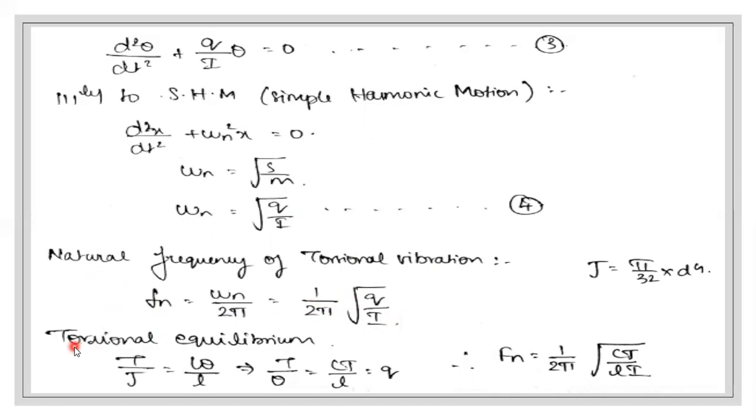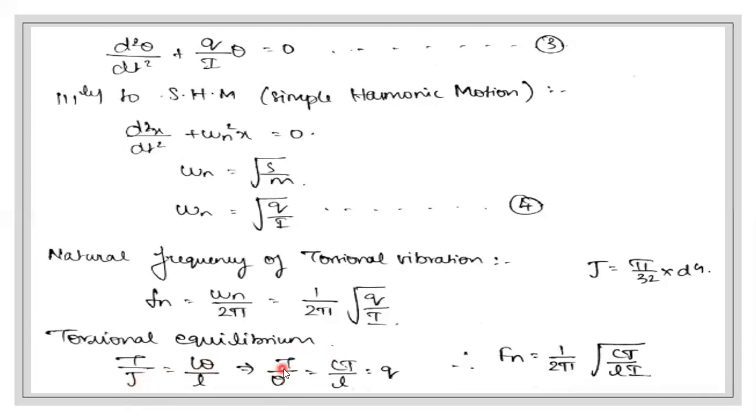In strength of materials, in the torque chapter, we have already seen the torque equation. The torque equation is T by J is equal to C theta by L is equal to tau by R. Just neglect the tau by R, and take these terms alone. So T by J is equal to C theta by L. Take theta downwards and J upwards, cross multiply.